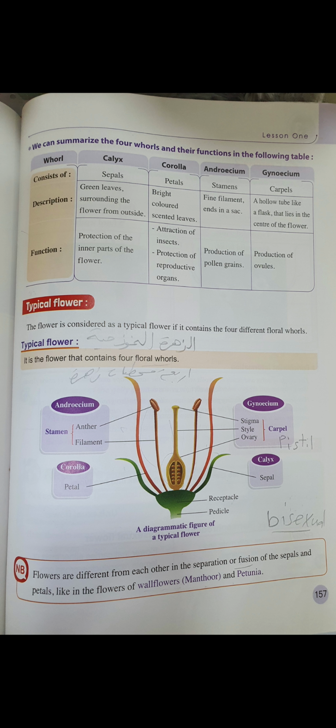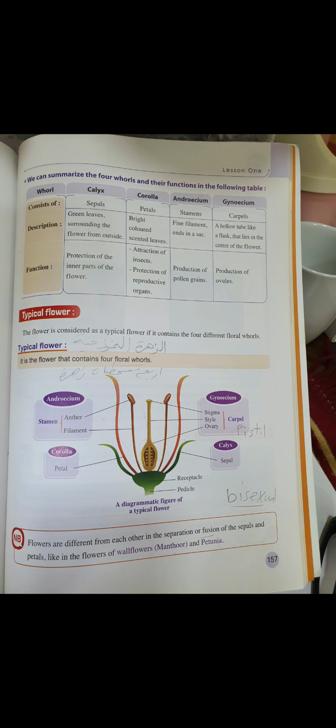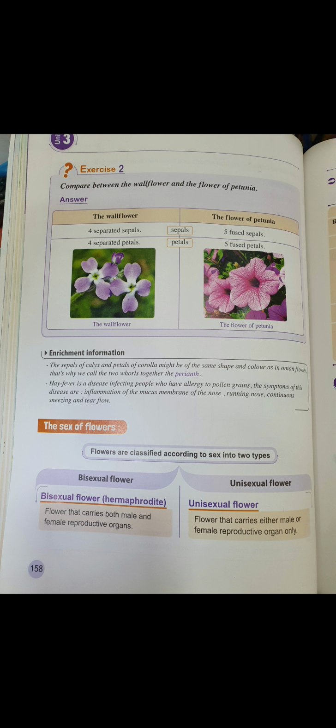Note, flowers are different from each other in the separation or fusion of sepals and petals, like the flowers of wallflower, manthur, and petunia. Some flowers' petals are connected and some flowers' petals are separated. Okay? Next, look at the picture.